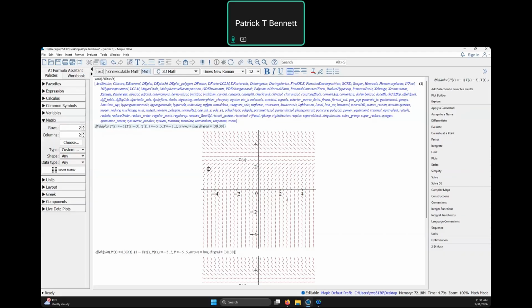And so today we're talking about the behavior of the solutions of these differential equations. Of course, if big T equals 3, then you plug it in and you get T prime equals 0. So we see a horizontal line at big T equals 3.